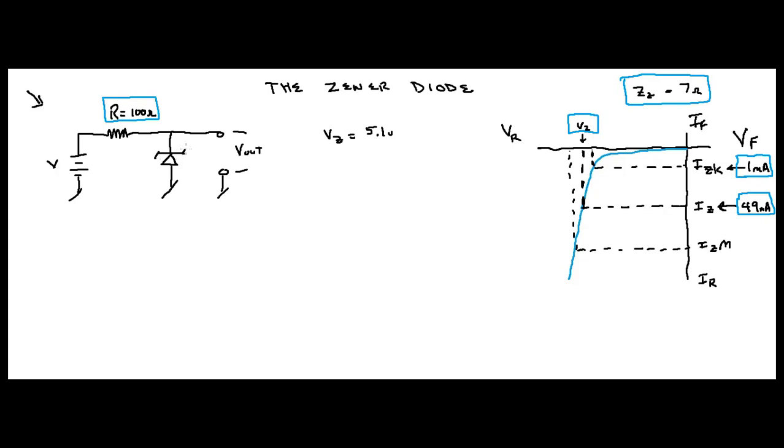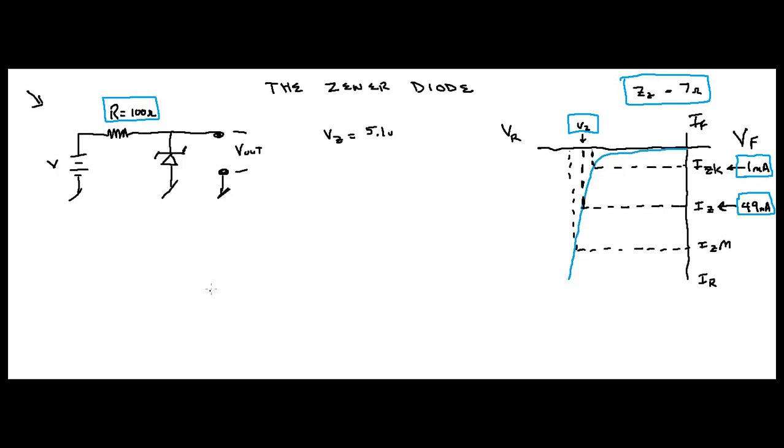I gotta make sure I don't forget to put those little wings on there. And then you have your output voltage. This is ground. It's the terminal here, and here's your V out, right? And the problem is we need to know the minimum and the maximum input voltages that can be regulated by the Zener diode with this circuit, okay?